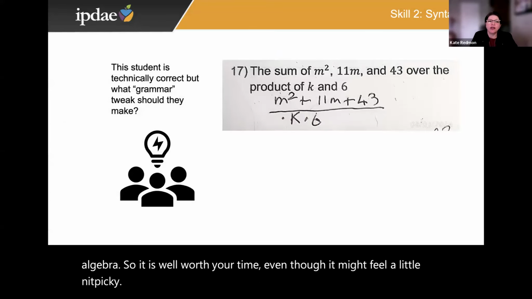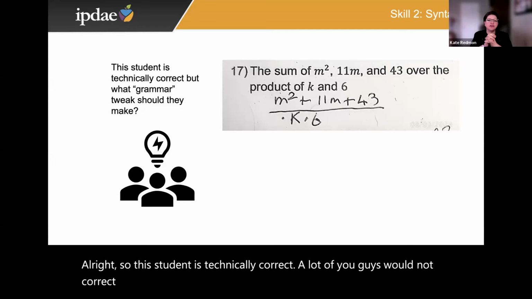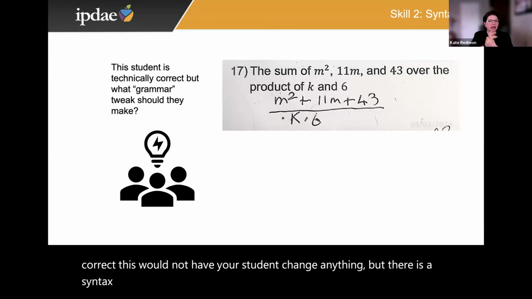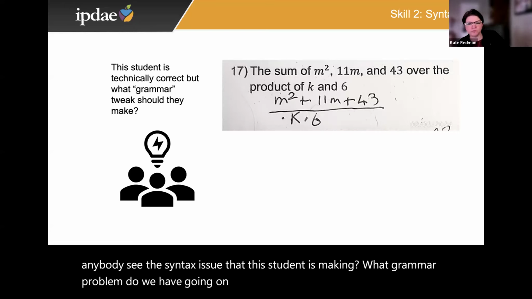All right, so this student is technically correct. A lot of you guys would not correct this, would not have your student change anything, but there is a syntax issue, something that's not normally written this way. So anybody see the syntax issue that this student is making? What grammar problem do we have going on here?